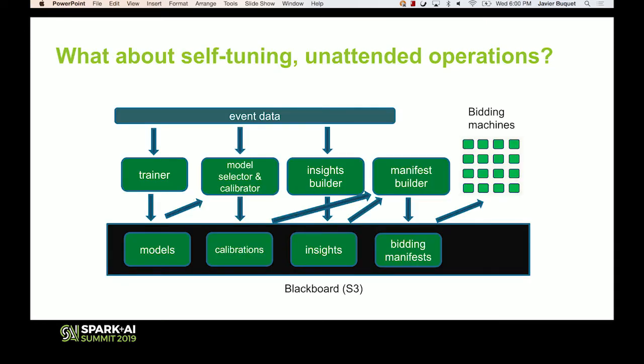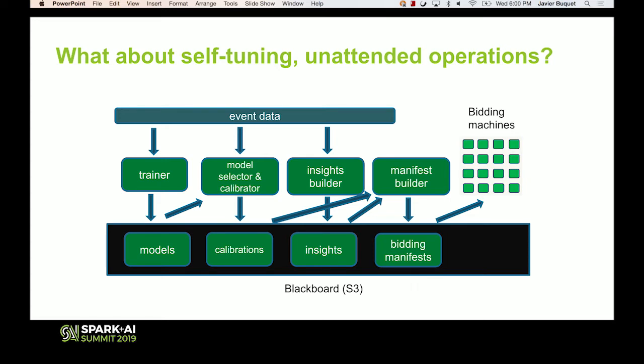So what about self-tuning and unattended operation? This seems to be the tricky bit. And for addressing some of these problems, we approached it by using what is called a blackboard pattern. This is not the blackboard pattern in the sense of AI. For those of you that have a background in AI, this is a blackboard pattern in terms of software engineering.